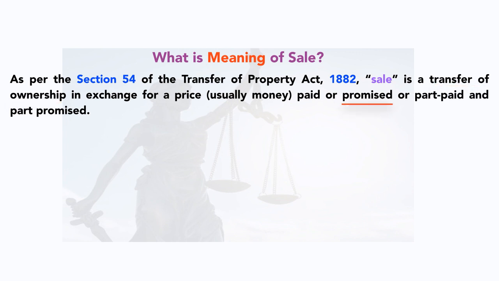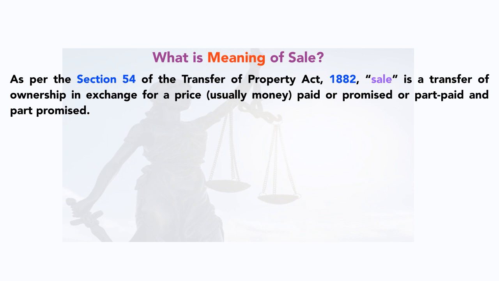Promised here means I will pay you on so and so date. I will pay this amount on so and so date. So not essentially paid all the money just now, but I may pay later. So that is the meaning of sale. That is basically transfer of ownership.